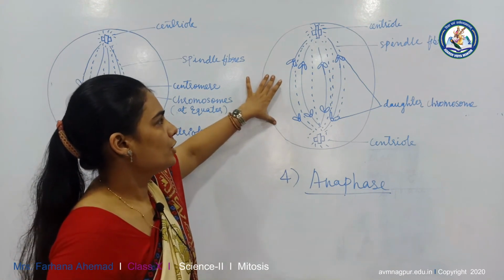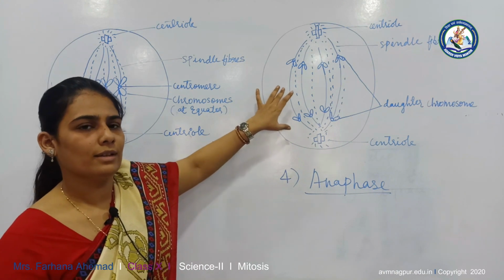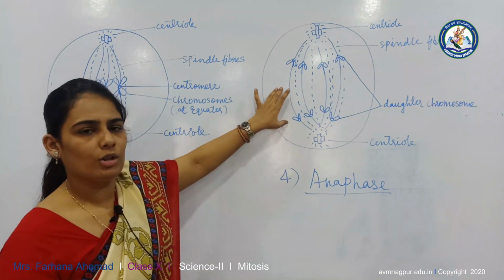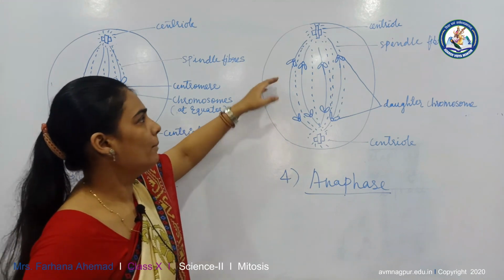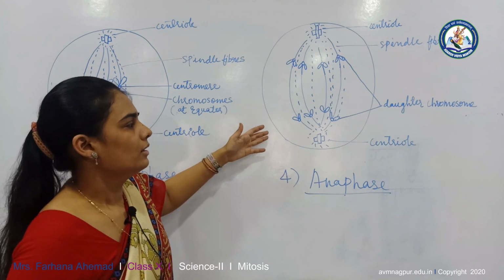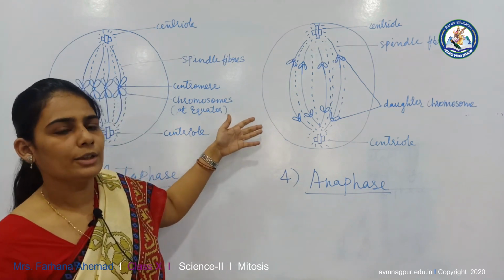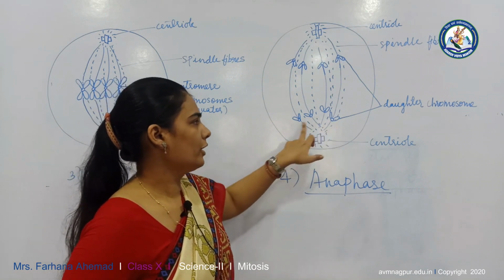Now in this stage you can see the chromosome which was joined with the spindle fiber now separates and splits up and goes to two opposite poles, and in anaphase two cells are going to form. Now these are daughter chromosomes.